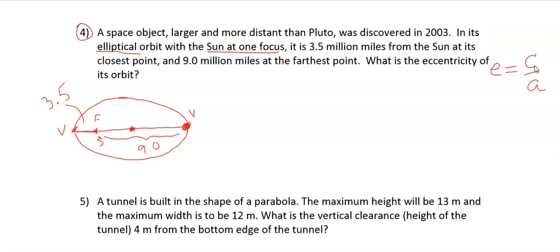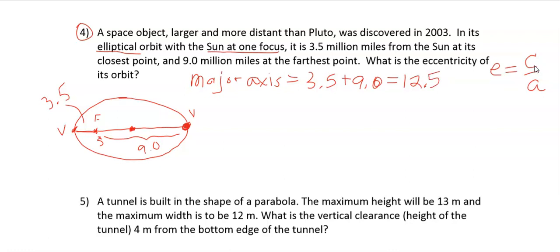And not only that, here, let me put that down. Major axis is equal to 3.5 plus 9.0, and that's supposed to be a 0. So that's 12.5. Now remember, that represents million, 12.5 million.